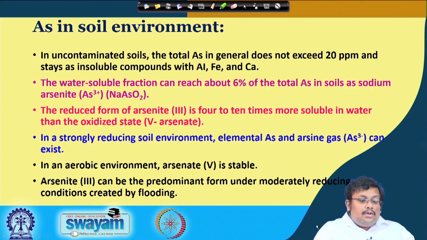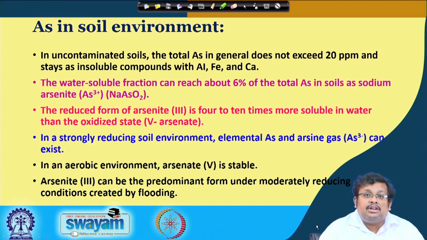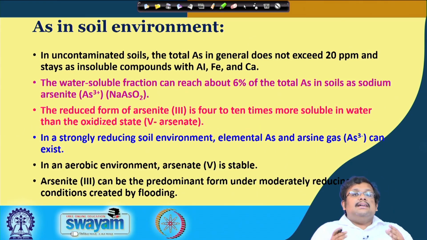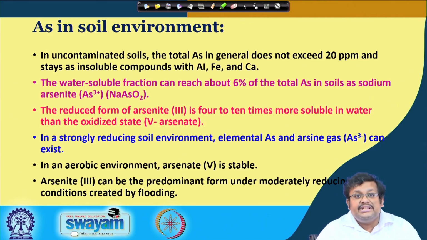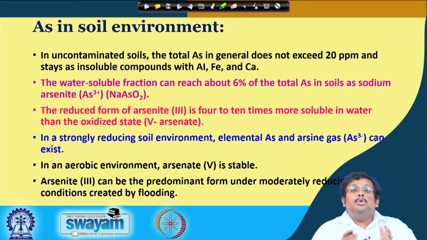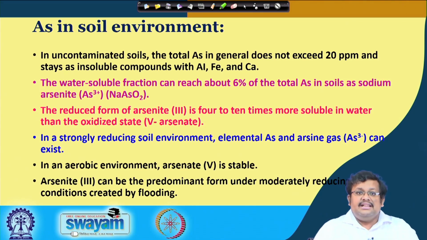Arsenic in the environment: in uncontaminated soil, the total arsenic in general does not exceed 20 ppm and stays as insoluble compounds with aluminum, iron and calcium, and the water soluble fraction can reach about 6% of the total arsenic in solution in soil as sodium arsenite. The reduced form of arsenic, that is arsenic 3, is 4 to 10 times more soluble in water than the oxidized state, that is arsenate.